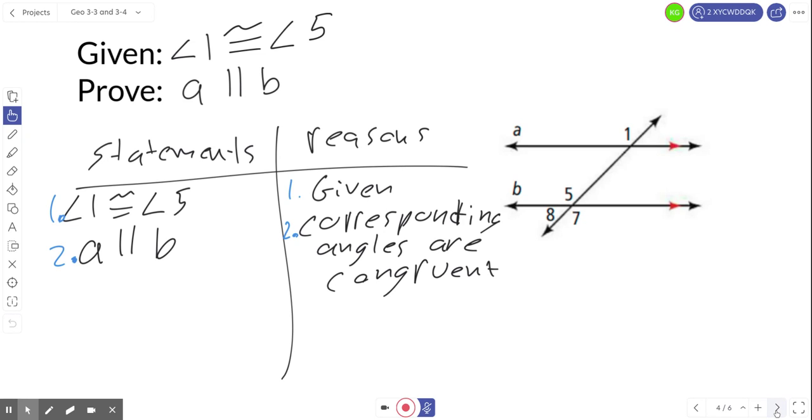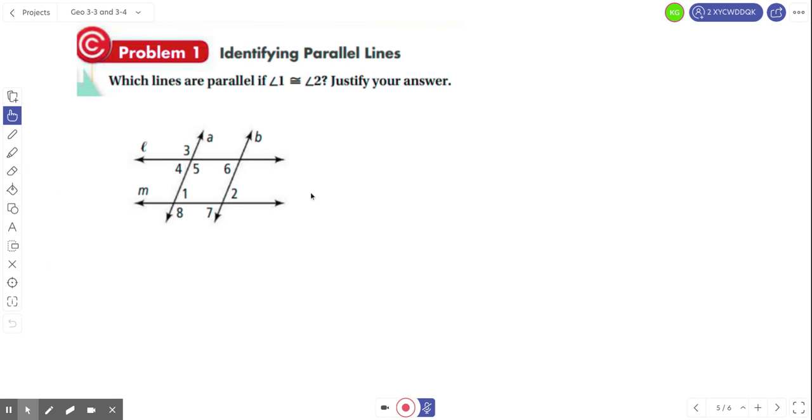In the next slide, you're going to look at this question, or maybe it's 2 slides from now. The next thing you're going to do is this question where you have to decide which lines are parallel. And when it says justify your answer, that means make that 2-column proof.